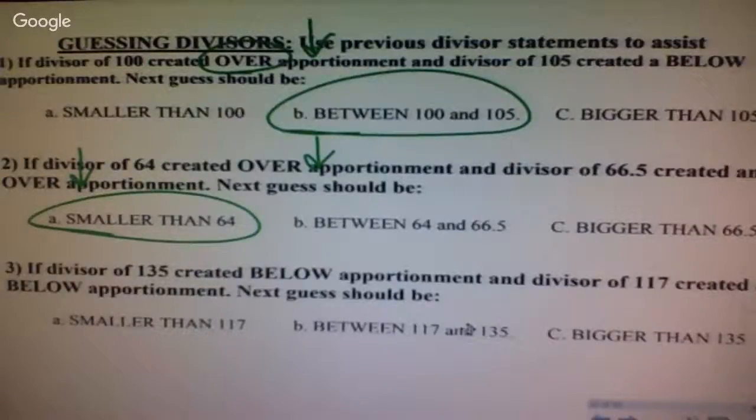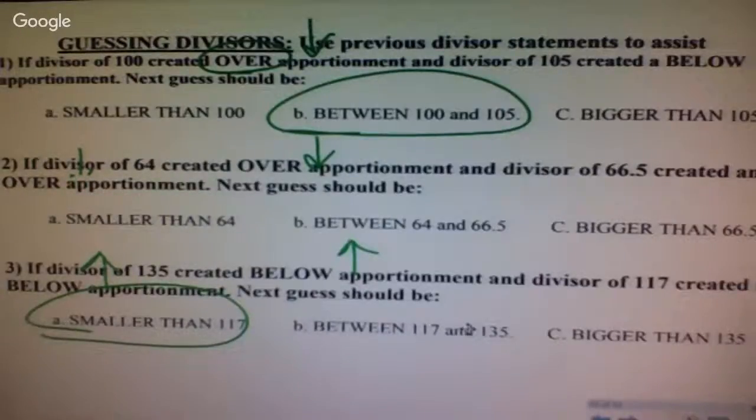If a divisor of 135 is below, so this needs to go up, and then this also needs to go up. So if my answer needs to go up, I need to go down. So what do I need? Smaller. So this one was actually wrong. I needed to go down, so that means that needed to go up.